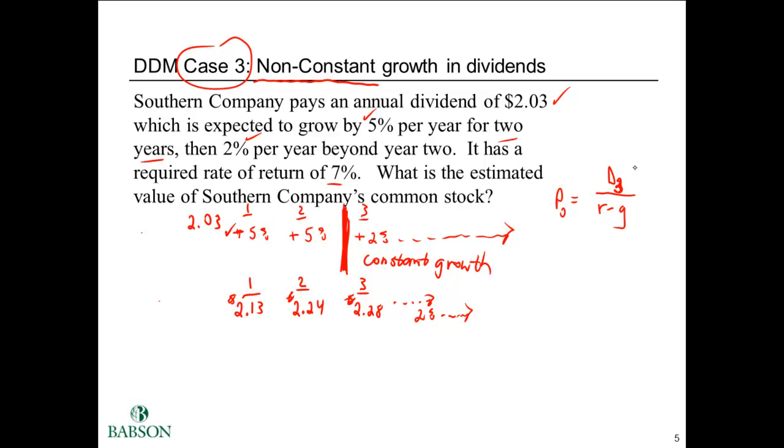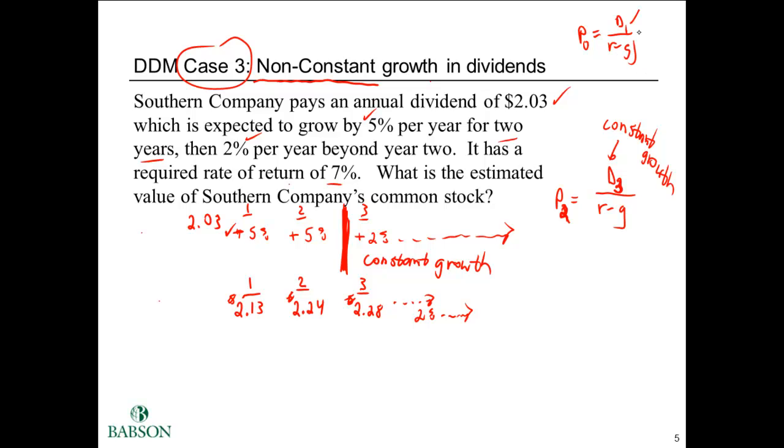That's the first year of the constant growth portion of this. So when we invoke this formula, we're not going to get the value of the stock today. We're actually going to get the value of the stock in year 2. So 1 year prior.